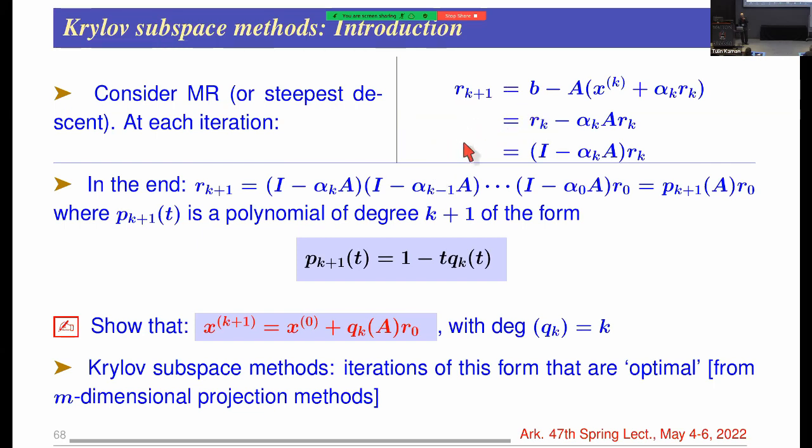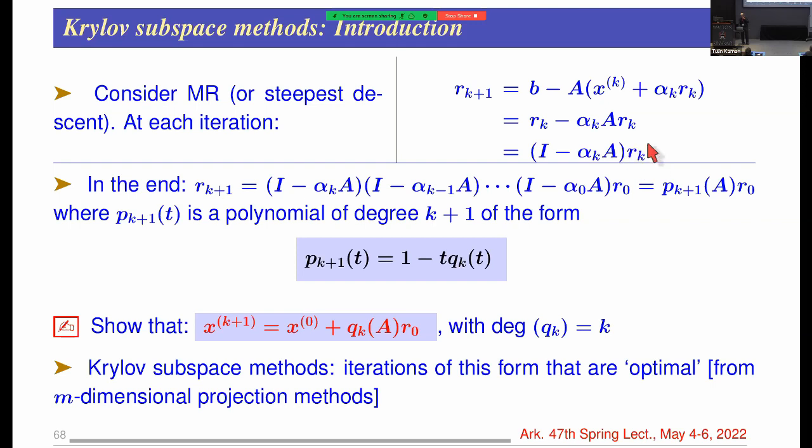One observation here, which is important, is the link with polynomials. If you consider the k plus first residual, you'll find that it's of this form, (I minus alpha_k A) r_k. It comes right from the definition of the algorithms.